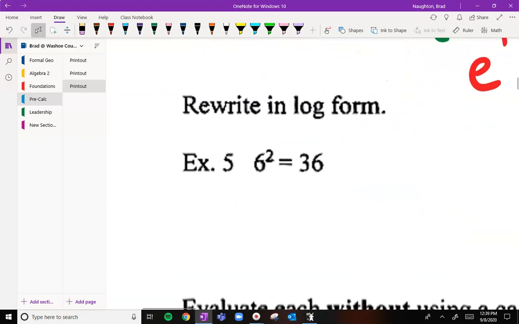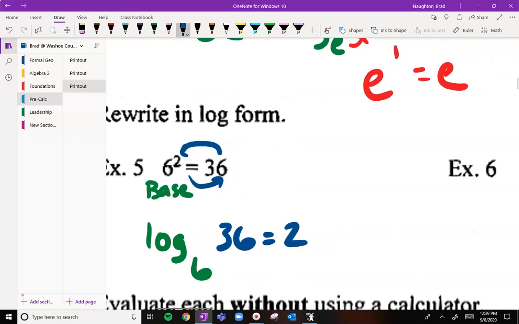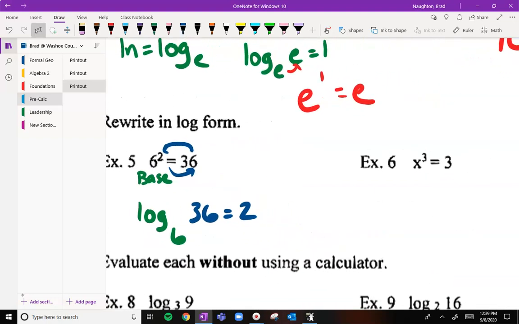All righty. Ladies and gents, how do we go to log form? I'm going to do each one of the different versions and make sure we're good. We're going to start with base stays base, the other two switch place. This is the base. So it's log base 6, and these other two switch place, of 36 is equal to 2. All righty. Next one is loop de loop. So log base x, loop de loop.